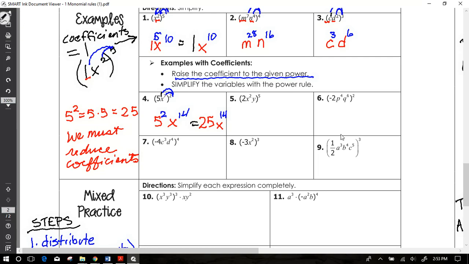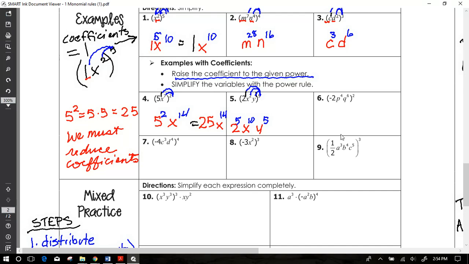So in number 5, okay, I needed to remember all of my 1s for my exponents. Bring down my bases, 2, x, y. Multiply my snobby exponents, so 2 times 1, 5 times 1, 5 times 2, and then 5 times 1 again.